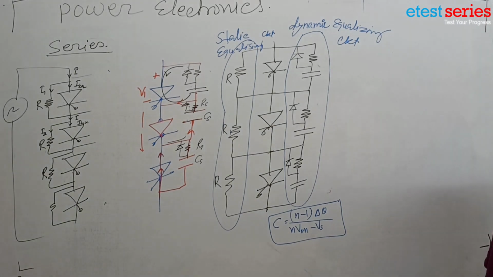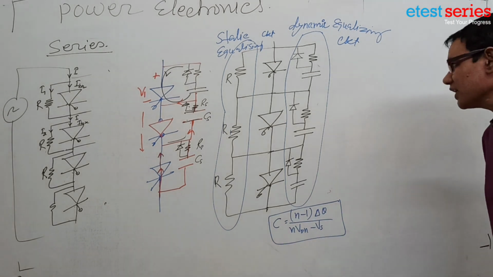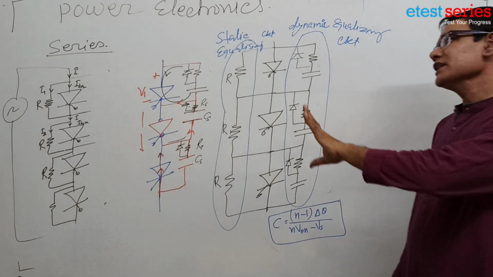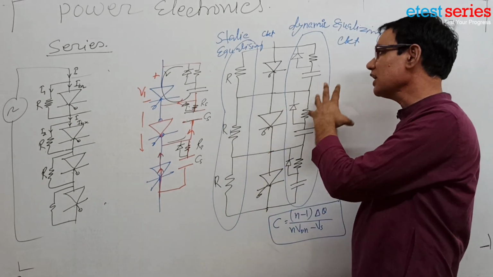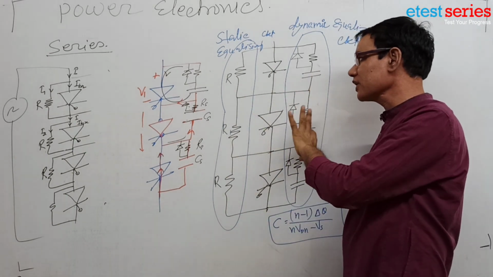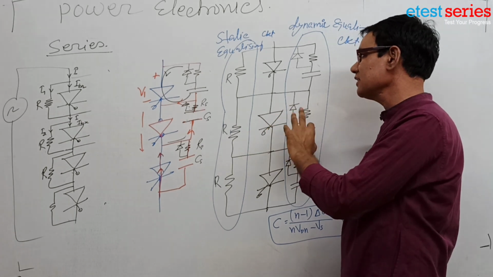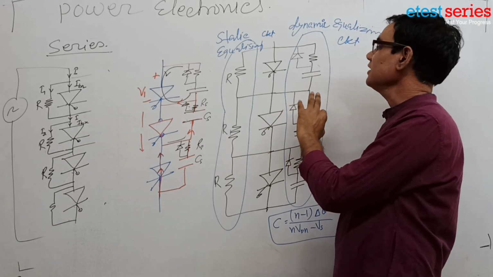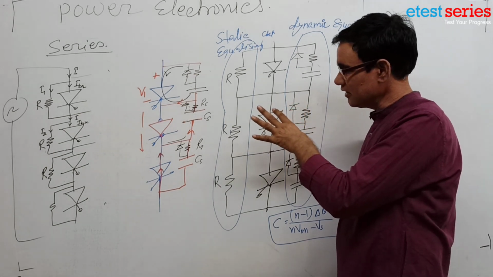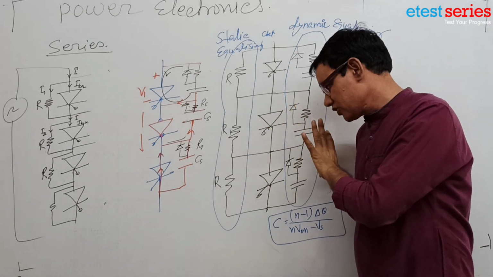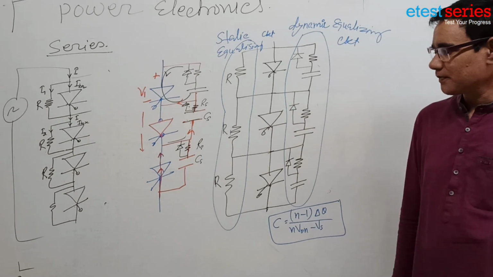These two circuits are arranged in this fashion so that one equalizes the voltage in static conditions, and the other avoids the overcurrent, the leakage current, and the dV/dt rating problem to the SCRs.